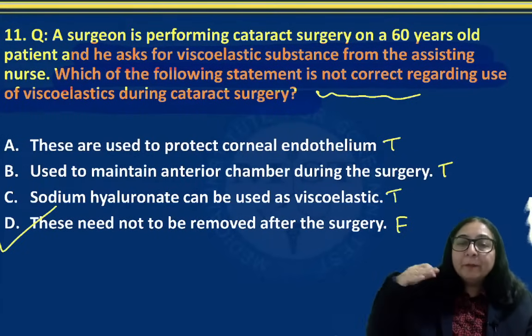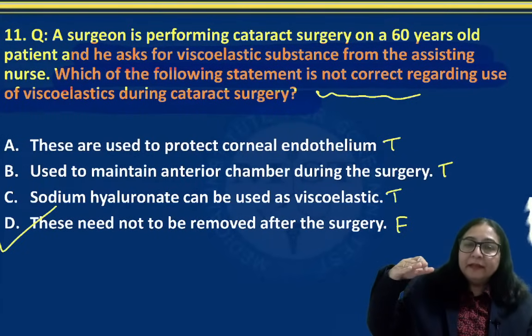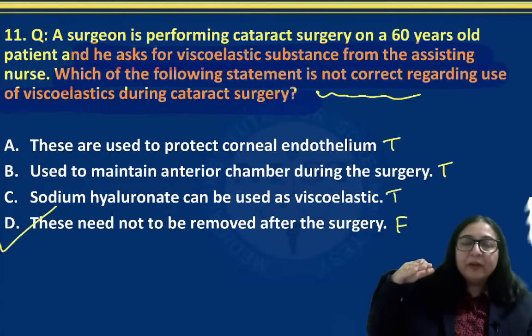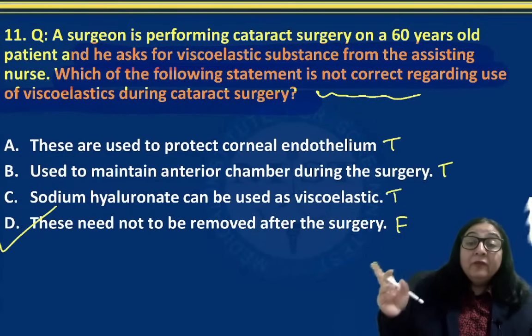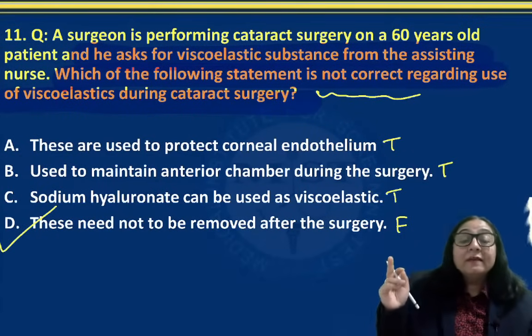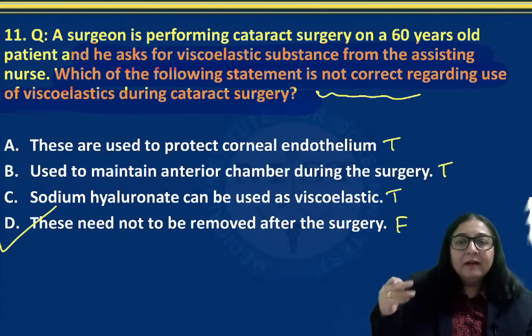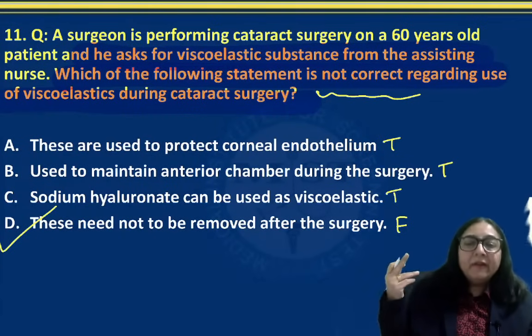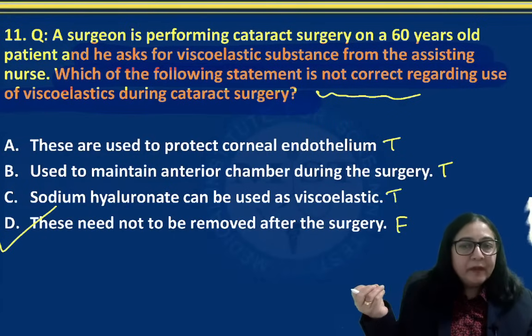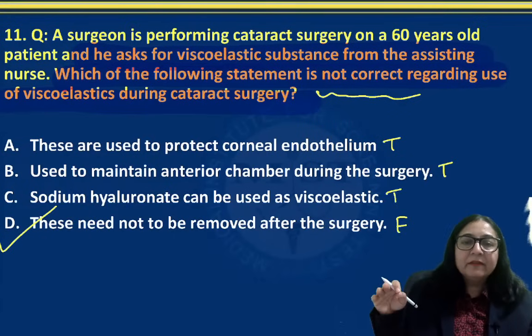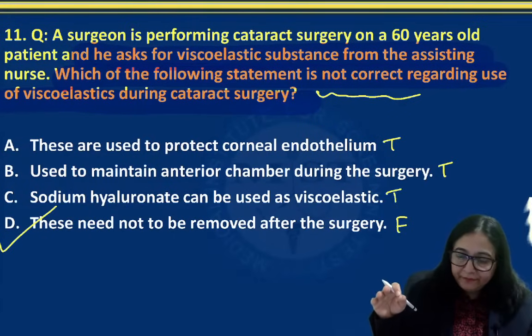They protect the corneal endothelium so that there is no damage from surgical instruments during cataract surgery. And you will remove these because they can cause high intraocular pressure in the post-op period, and rarely they can also cause inflammation or uveitis because of persistent viscoelastic in the anterior chamber.